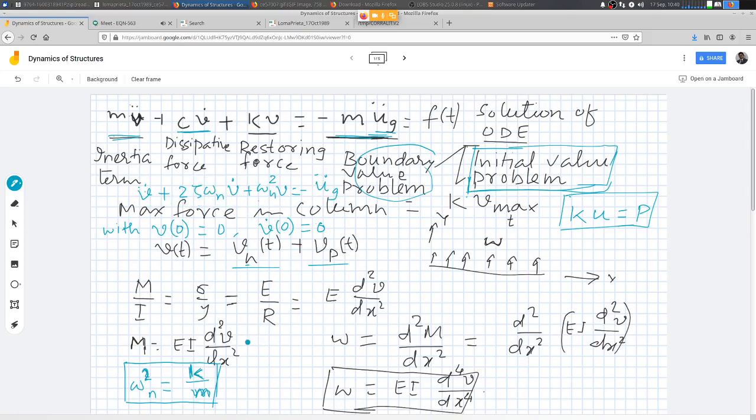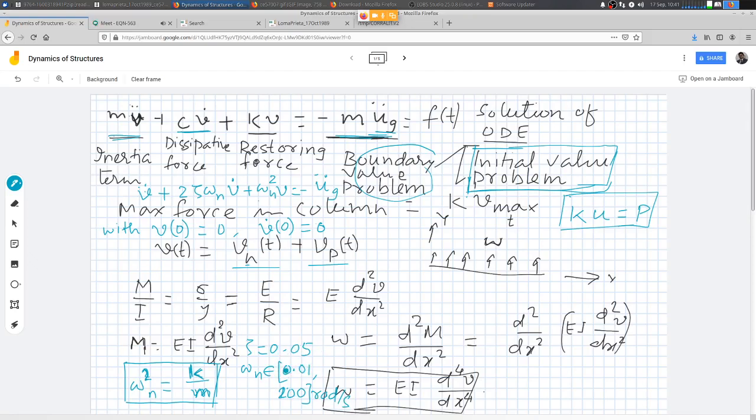I freeze the damping as 5%, and then omega n ranging from, let us say, 0.01 to about 200 radians per second.